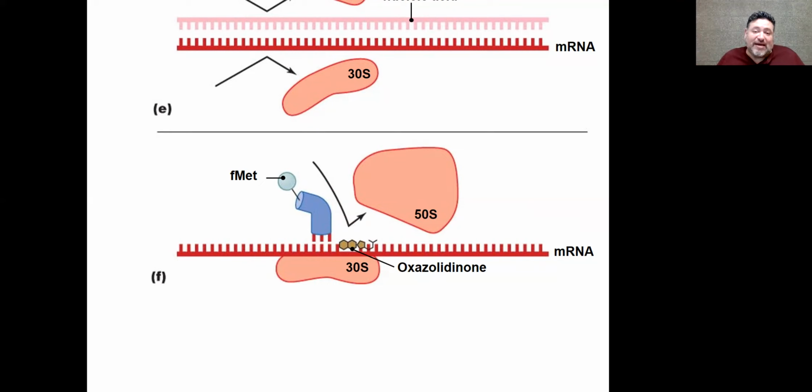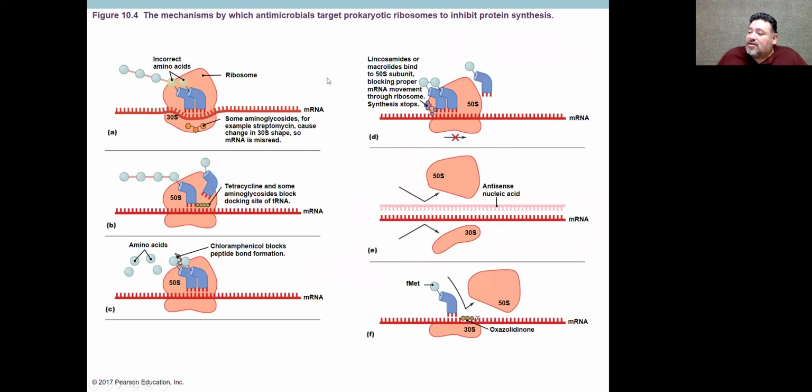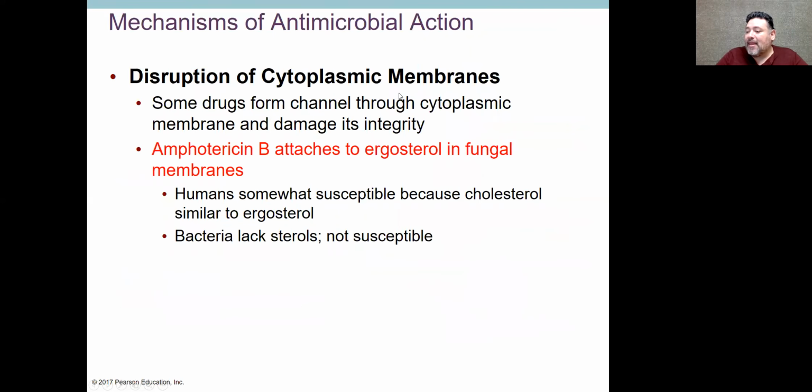Fantastic. We can't even get started. So we don't have to worry about whether or not we're going to make a protein. So these are 6 mechanisms in which we can stop the production of protein. And this is a great way of inhibiting bacterial growth.